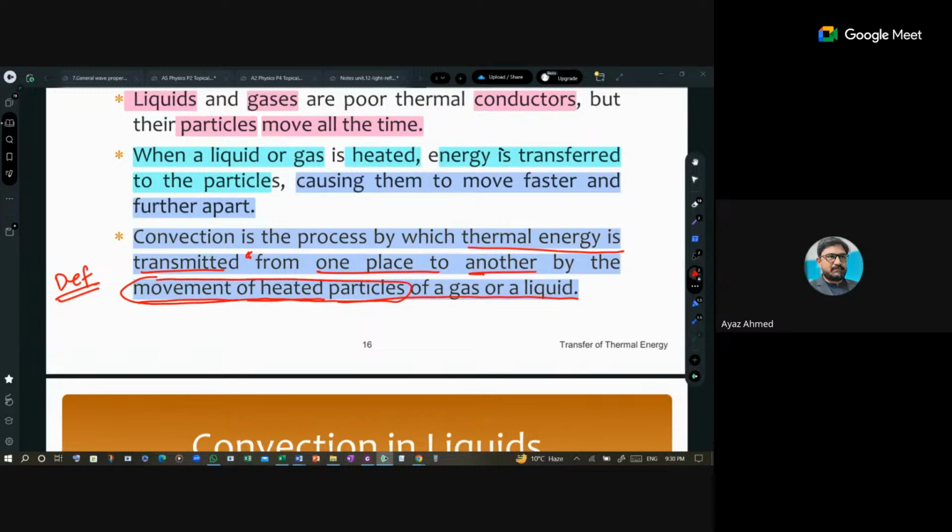This is the key point over here. How does the thermal energy transfer? By the movement of heated particles. Is this clear to all of you? Yes, sir. Okay.